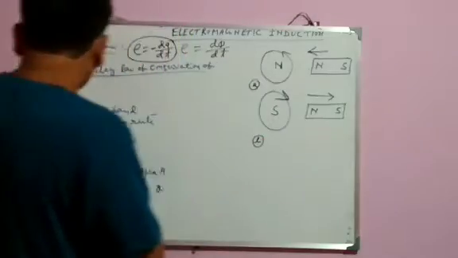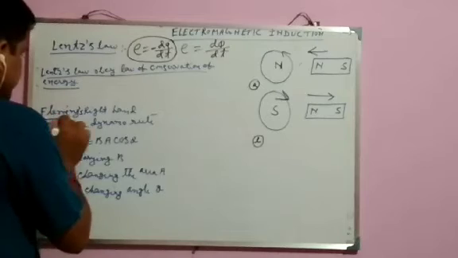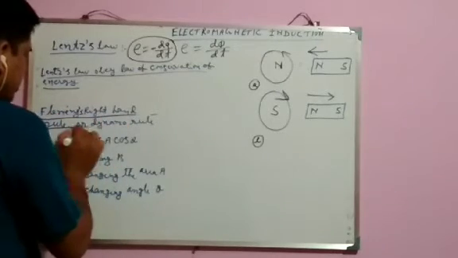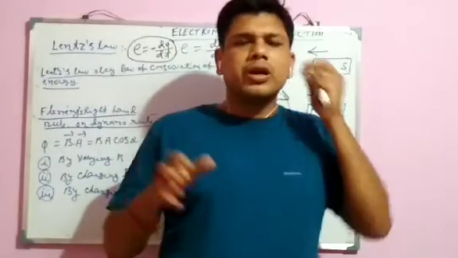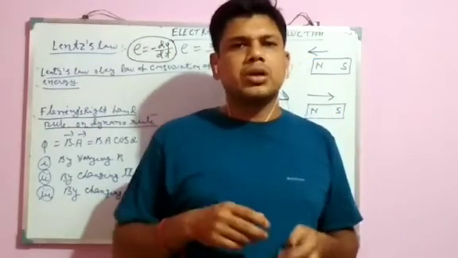Now next, to find the direction of the induced EMF or current, we have to use the Fleming right hand rule, which is also called the dynamo rule.